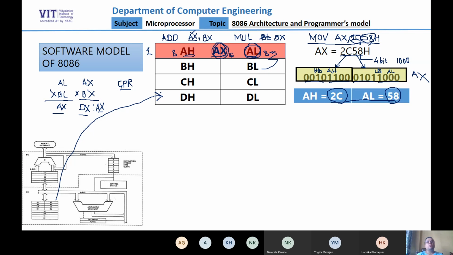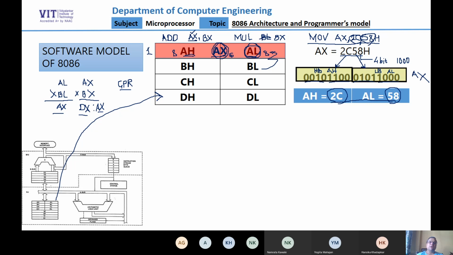Now, the next important use of the AX register is, in case of the division instruction also, AX is used as the default operand. Now I am not saying AL. Listen to me carefully. Every word that I am saying is important. Don't have your own assumption.